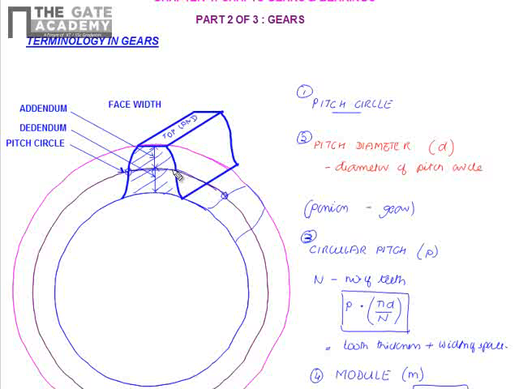This top portion is called the addendum. Similarly, the dedendum is a radial distance from the bottom land to the pitch circle. And the full depth is the sum of the addendum and dedendum.